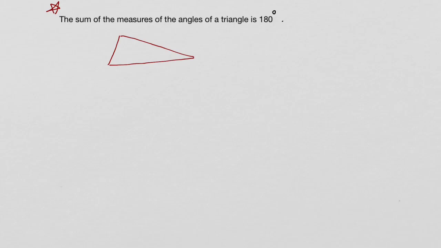If each one of these measures inside, we'll call it x degrees, y degrees, and z degrees, and you were to add up x plus y plus z, you will get 180 degrees. No matter how small or how large that triangle is, the angle measures will always sum to 180 degrees. If we have some time when we're in class, we'll do a little activity that will help you be convinced of this if you're not convinced of it.